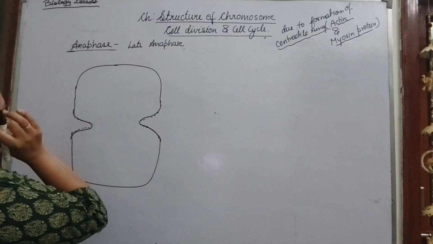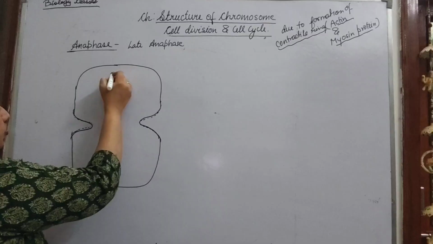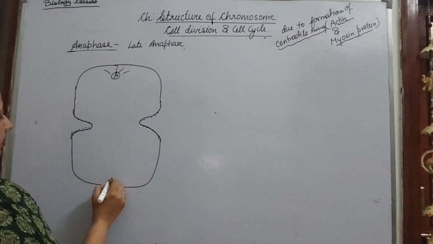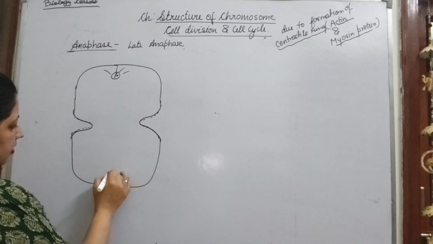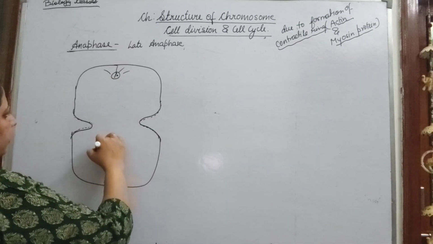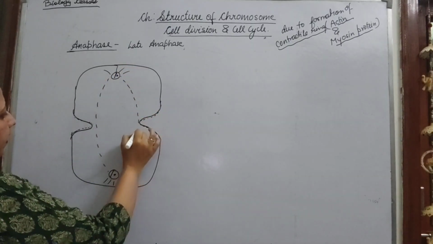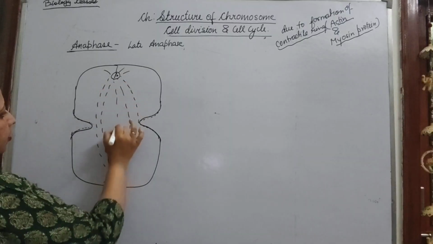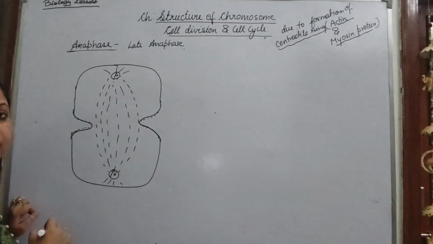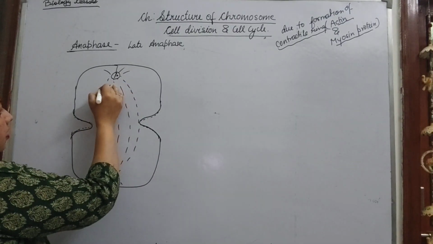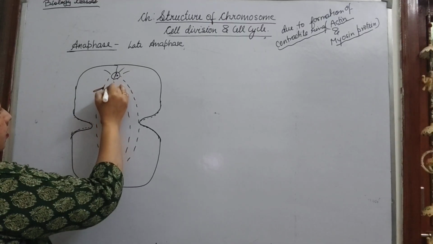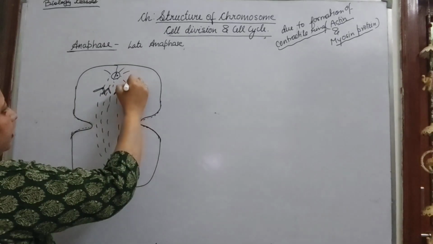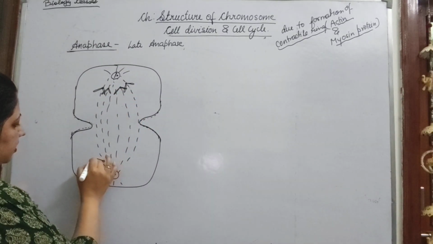So now this chromosome, this is the centriole, this is the aster, this is the spindle fiber. So this is the spindle fiber, and now the chromosome reaches up to the opposite pole. So these are the chromosomes. Now they finally reach the opposite pole.